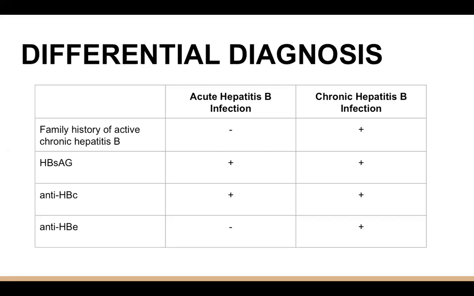You have to indicate this, because not all phases in chronic hepatitis B infection will have anti-HBe positive, right? The first two, immune tolerance and immune clearance, don't have anti-HBe yet, right? So please specify which phase in chronic hepatitis B infection. Okay, next.